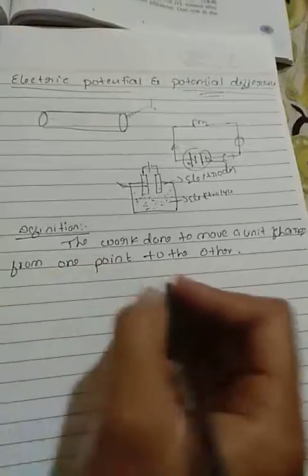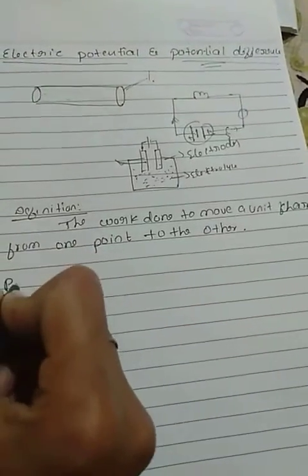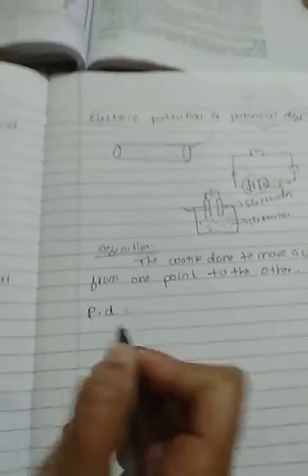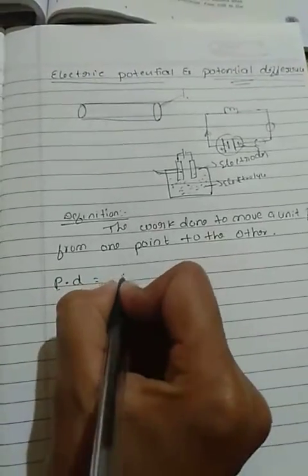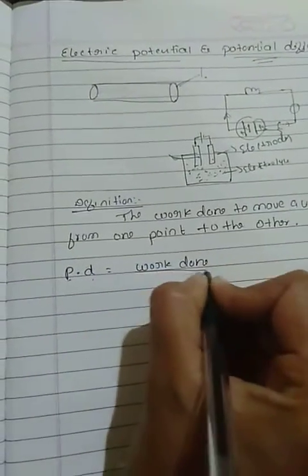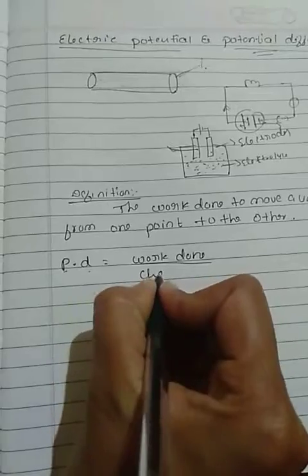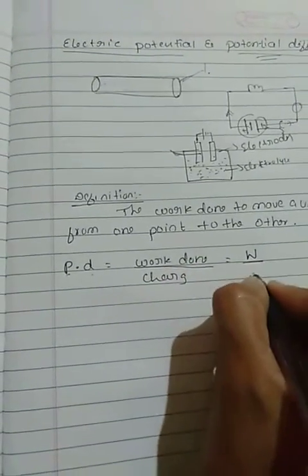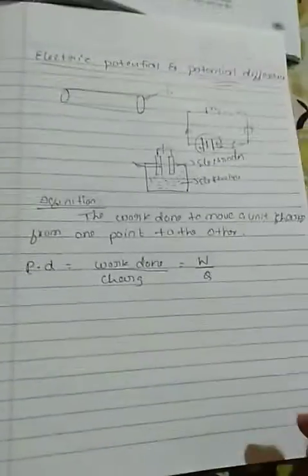In equation form, potential difference, simply written PD, where P means potential and D is difference, is equal to work done divided by charge. Work done is represented by W, and charge by Q.